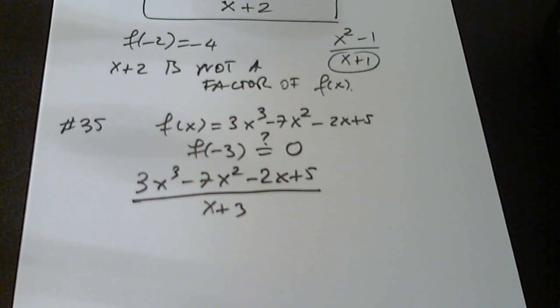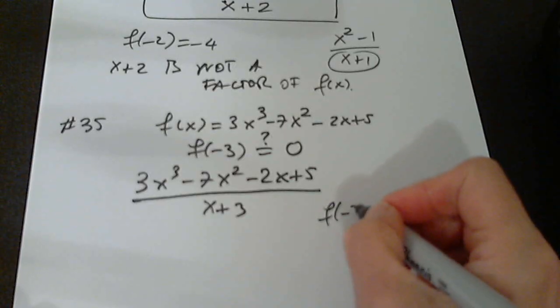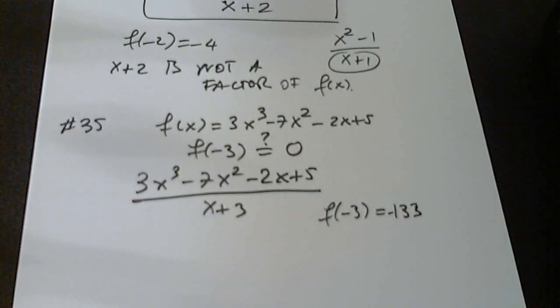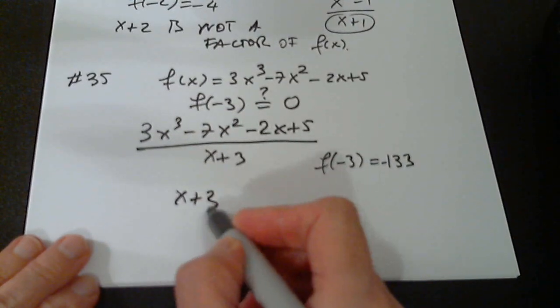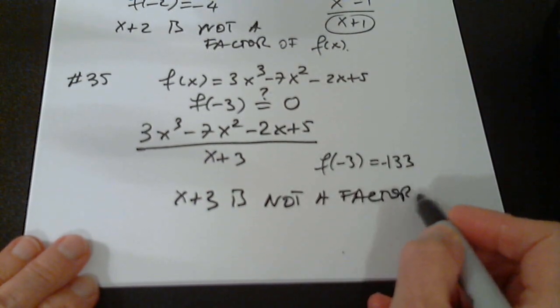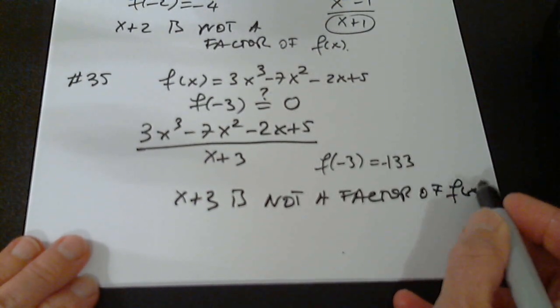Again, 3x cubed minus 7x squared minus 2x plus 5. And all I want is to plug in -3. Okay, the answer is -133. So f of -3 is -133. Therefore, x plus 3 is not a factor of f of x.